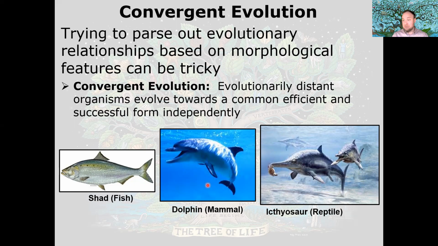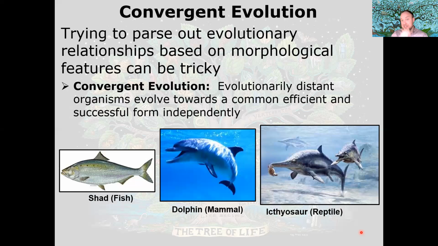Solving a similar problem slightly differently, the morphologies are different, but it can trick us. If we're just looking at similarities, you might lump all these things together in like the swimmers group. They're not related to each other evolutionarily. It's convergent evolution, evolution converging towards the same solution multiple different times.